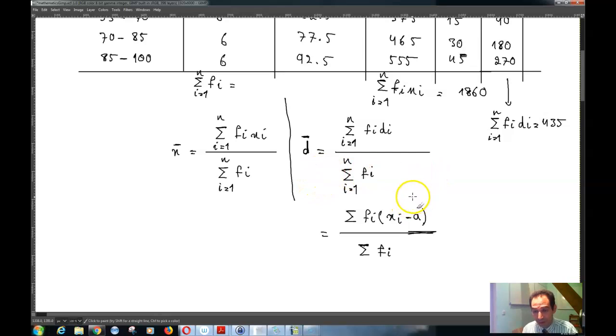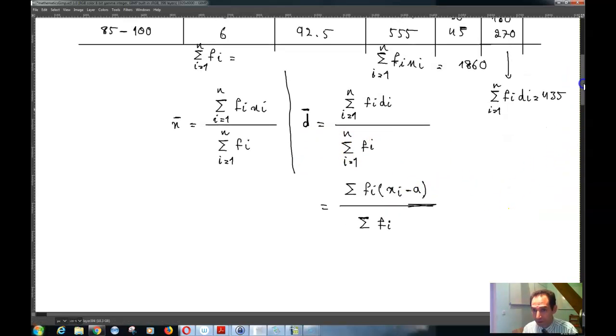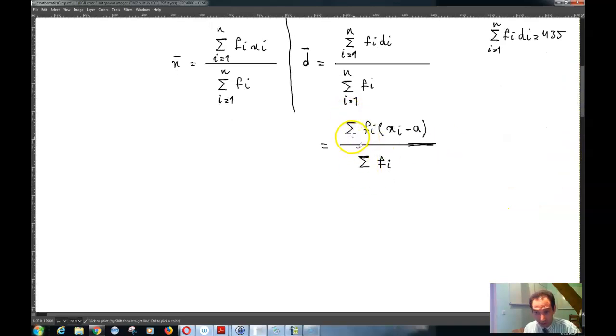Now, one thing that you can do with the sigma notation, which you might not be familiar with, the first time I did this, I had to go through a whole lot of calculation to prove to myself that you can actually do this, meaning that you can write this as sigma f of i times x of i divided by sigma f of i minus, and this negative sign comes from here, sigma f of i times a over sigma f of i.